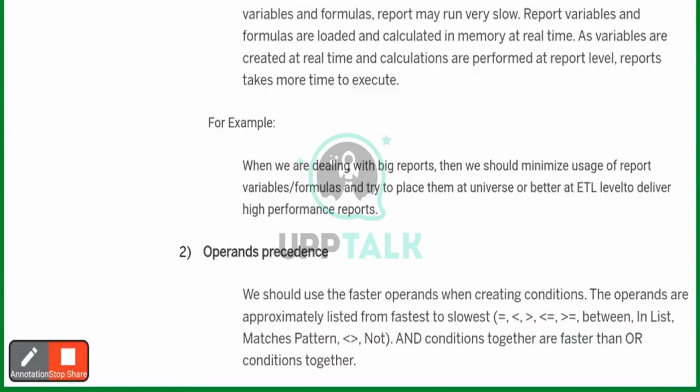As part of performance tuning, if the report has huge calculations and we are using those variables in multiple reports, instead of creating them in the report layer we can create them in the universe layer, so that the calculation is done at the universe level and will not impact the report servers.